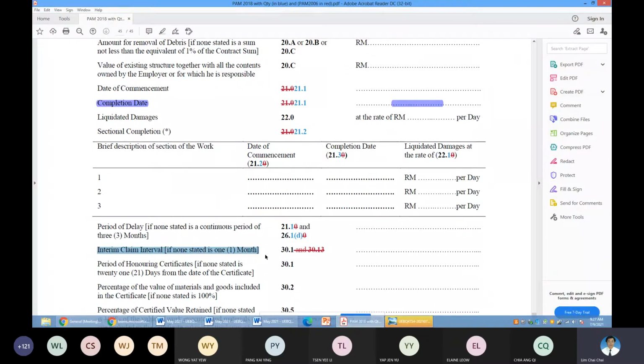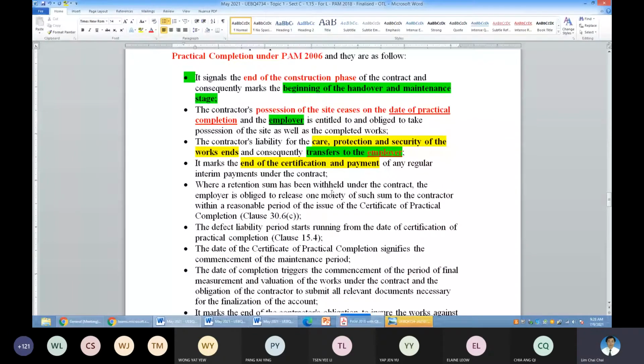Okay. Now, once the CPC is issued, the right to regular certificates expires. So the CPC tells you the end of certificates and payment as stated under the appendix, which is no more applicable.